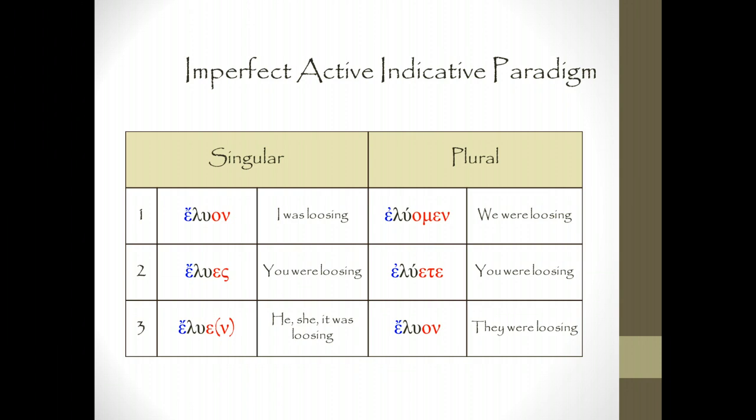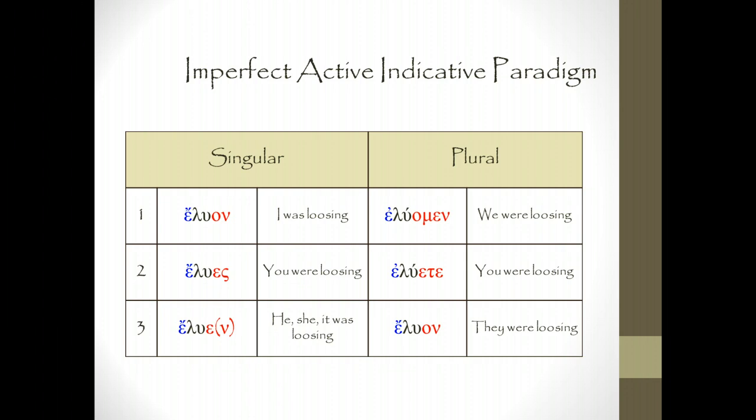That word helps to communicate that not only is this a past tense verb, but it's a verb with continuous action. We don't know if I finished loosing in the past or not. We just know that I was loosing. So your translation should say "I was loosing, you were loosing, she, he, or it was loosing," and so on. Just keep that in mind, not to put the simple past "I loosed."